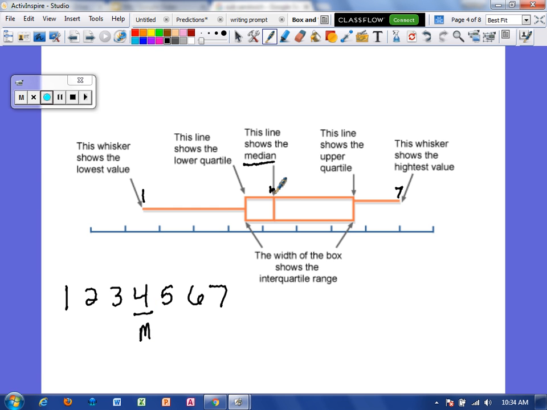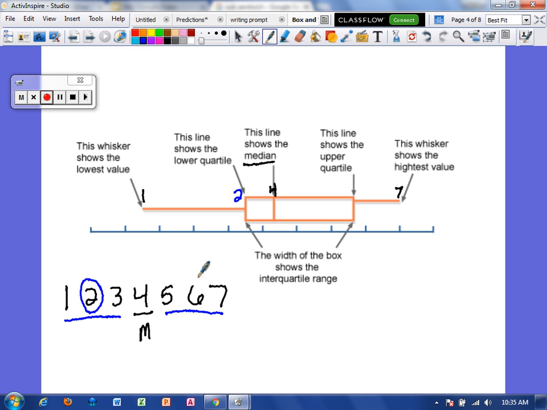So 4 would be the median. Now the lower quartile, that's going to be whatever is in the middle of the lower half. So here's the lower half, and we have 2 in the middle. So the lower quartile would be 2.